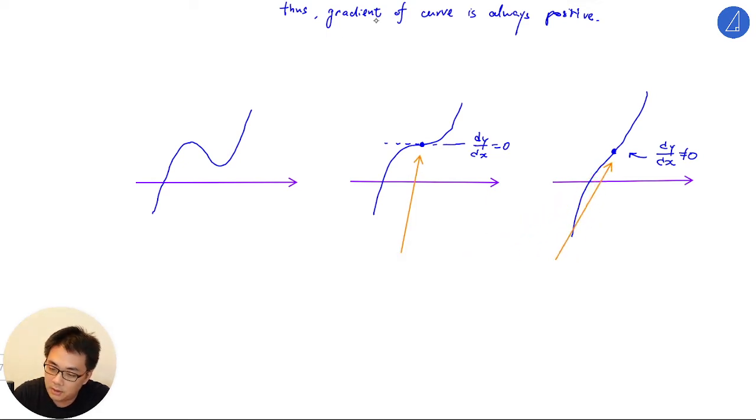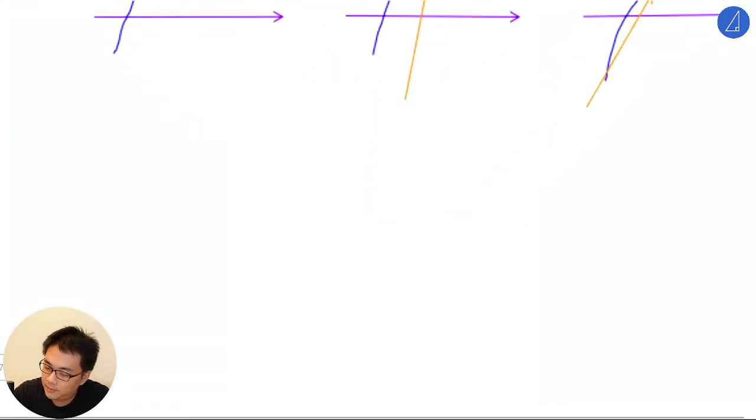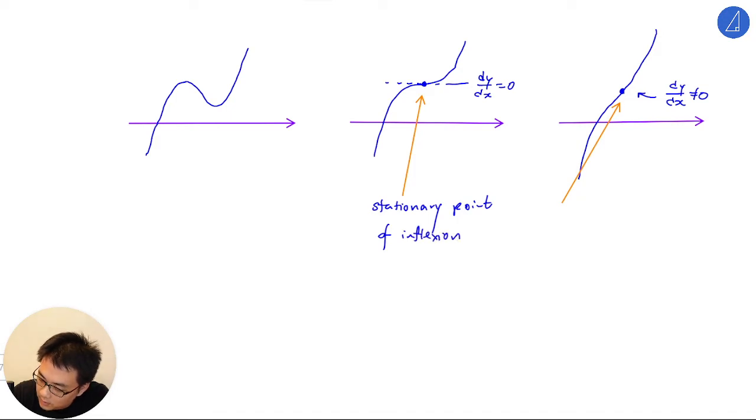So let me just recap this. I'll just write this down. This is the stationary point of inflection. This one here is just a typical point of inflection.